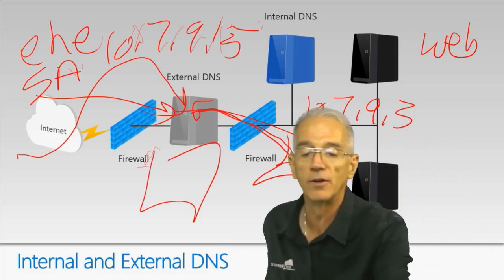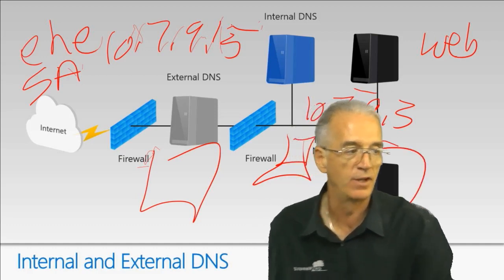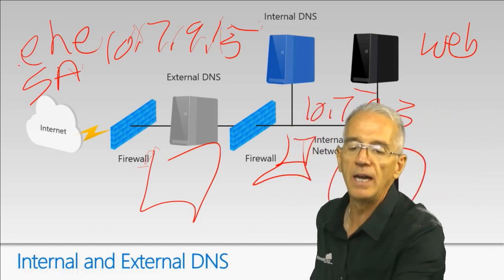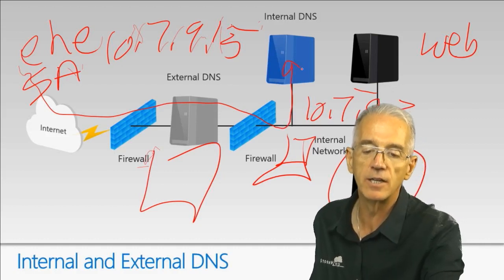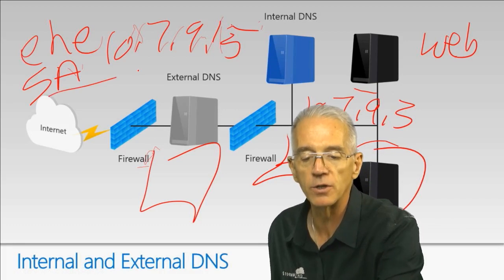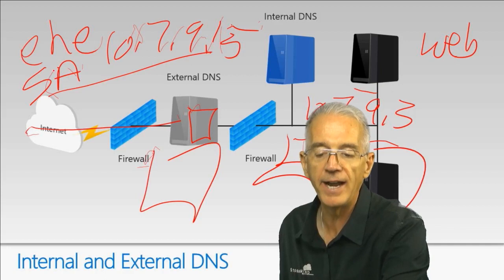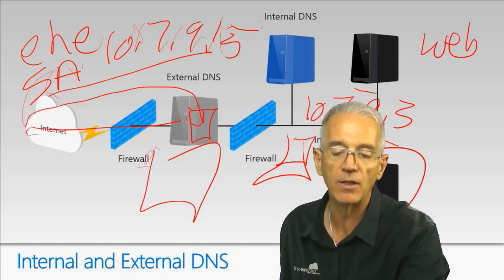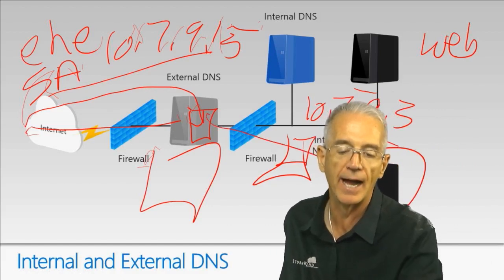Actually, no, I'm doing this wrong. That is an internal address. We'll say that it's the IP address of this particular server here. We're going to put in the source address of this. The destination address would be this guy right here.